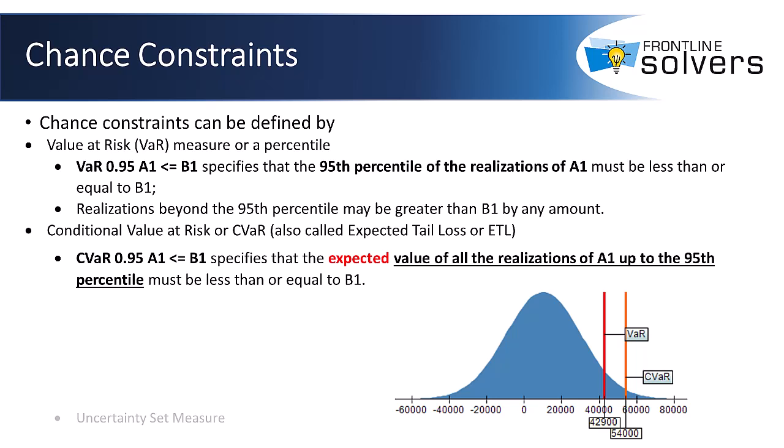When uncertainty is involved, constraints can get more interesting. We essentially have 3 categories to think about: normal constraints, chance constraints, and recourse constraints. Normal or deterministic constraints are constraints that don't involve uncertain variables. They're just the usual formulas saying x plus y must be less than z, and so on.